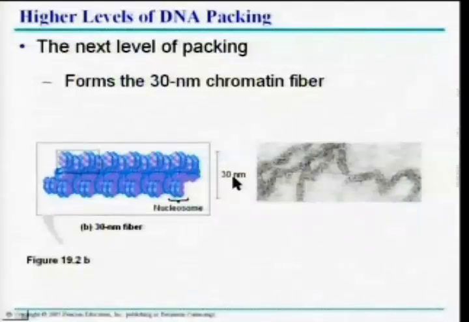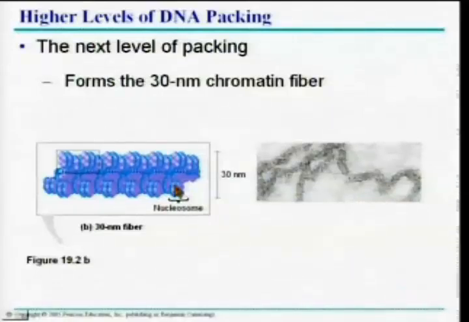So here what we are seeing is the 30 nanometer fiber as an illustration and an electron micrograph, kind of wandering around a little bit, but we can see it here on the right. The string of nucleosomes, you can see the 4 little histones and I think it's 2.5 wraps of the DNA around them. The nucleosomes coil.